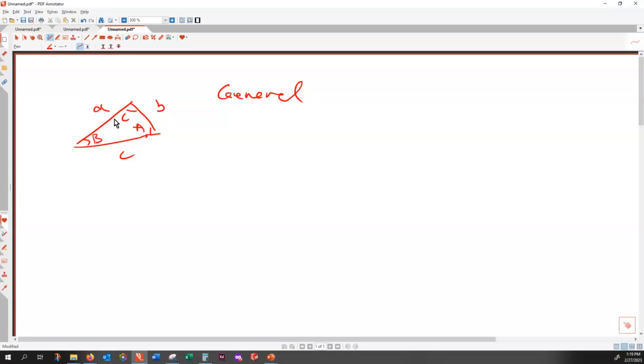But a specific case is when one of these angles is a right angle. And that is the definition of, if this is alpha, that is y, x, this is r.